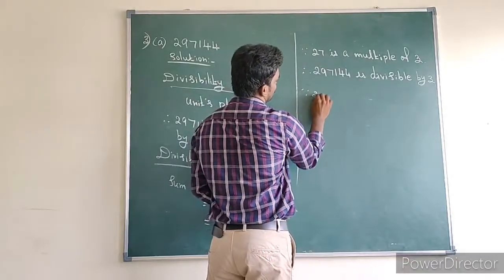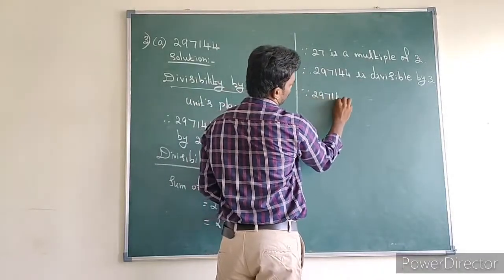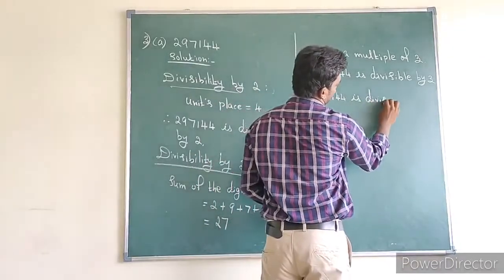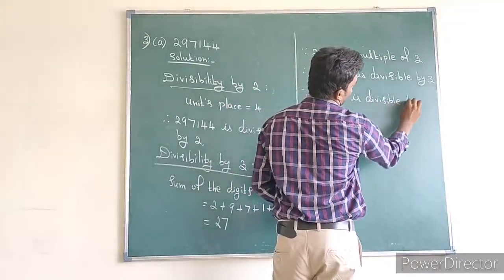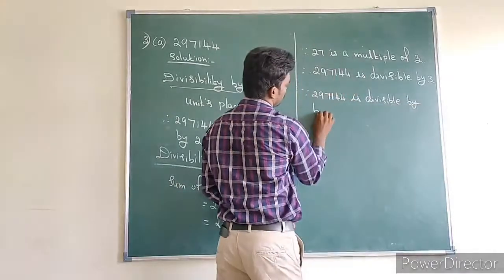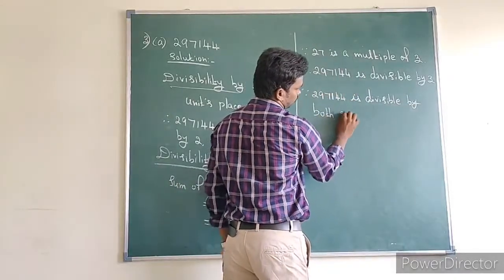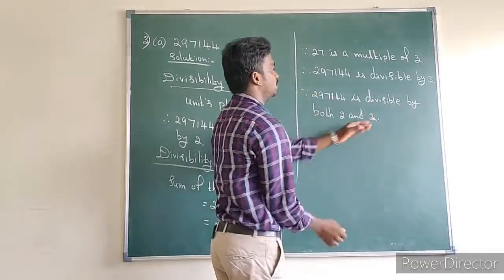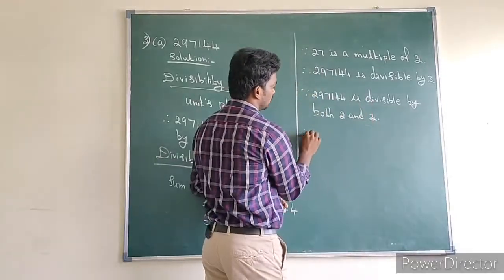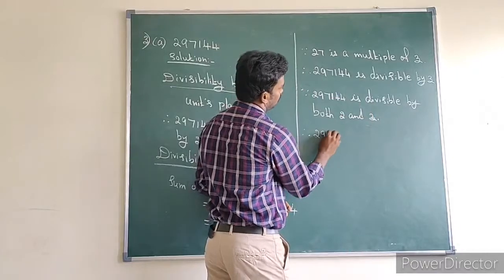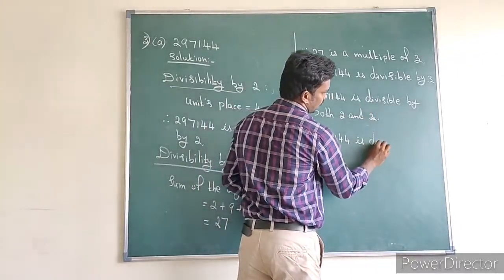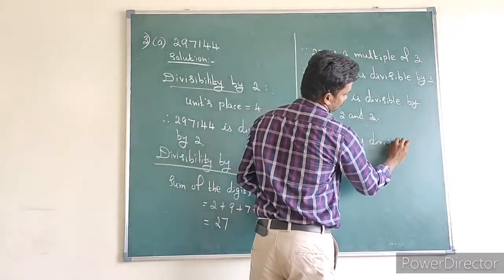Since 297144 is divisible by both 2 and 3, therefore 297144 is divisible by 6.